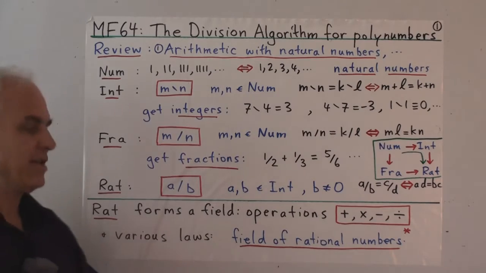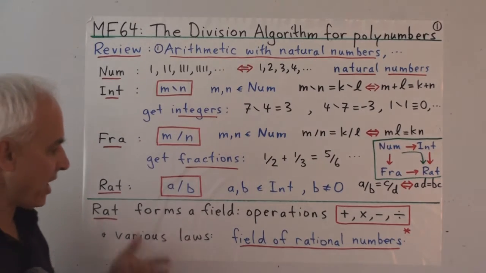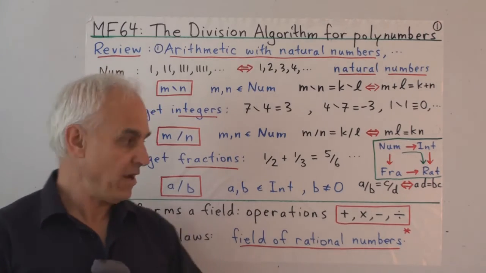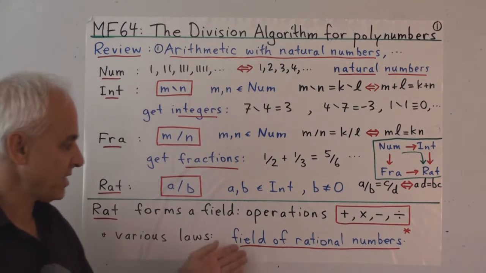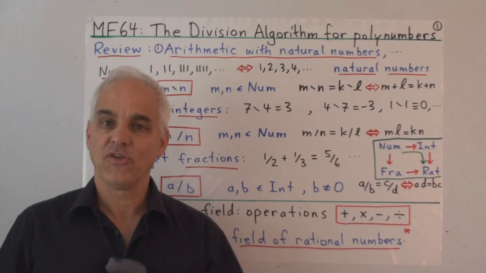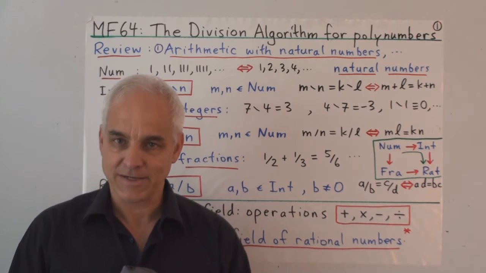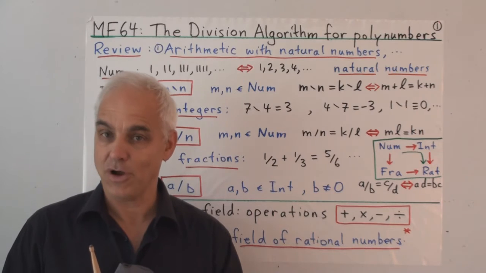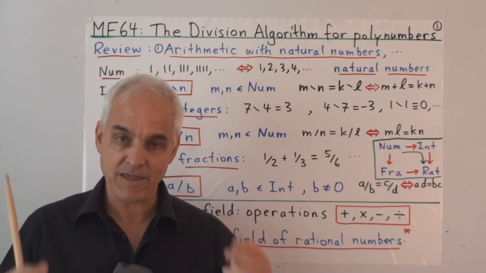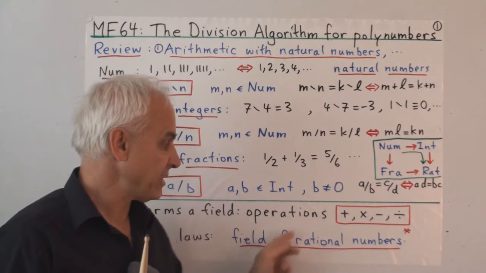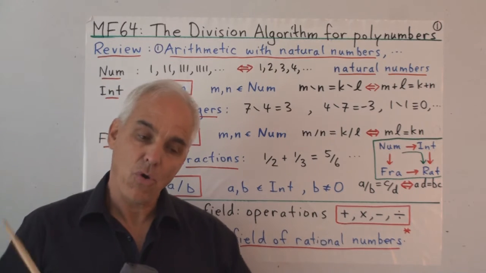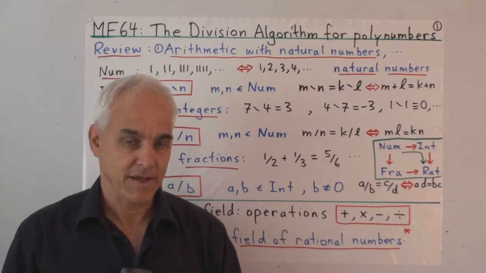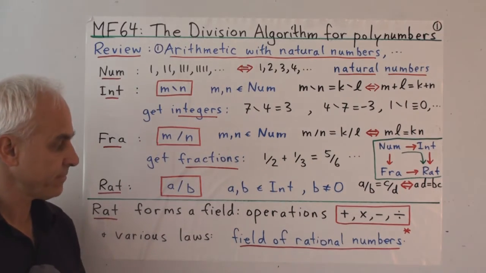And we have various laws that these operations satisfy, and we get a very beautiful closed domain for doing arithmetic. This is the field of rational numbers, and this is where most of mathematics ultimately takes place. Very strong statement. Most of mathematics ultimately takes place in this field of rational numbers, or something pretty close to it. It's a very, very fundamental object.